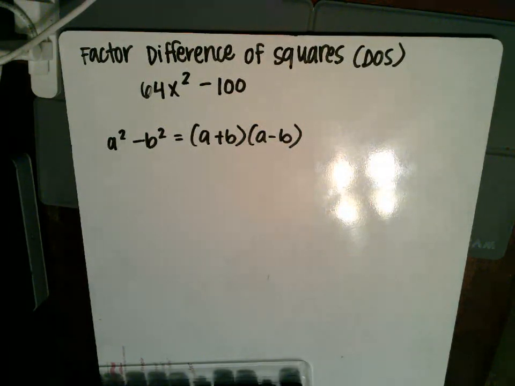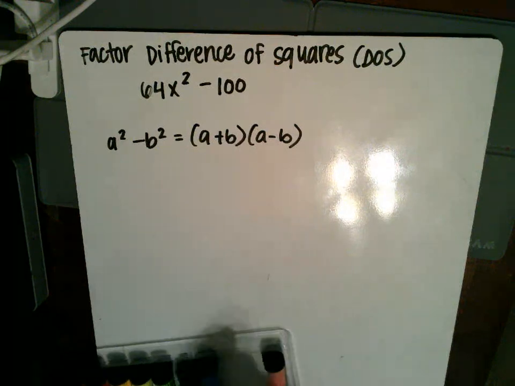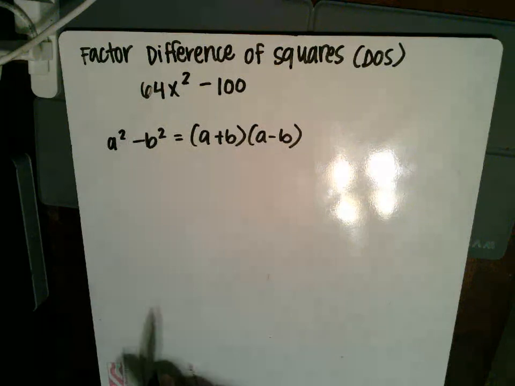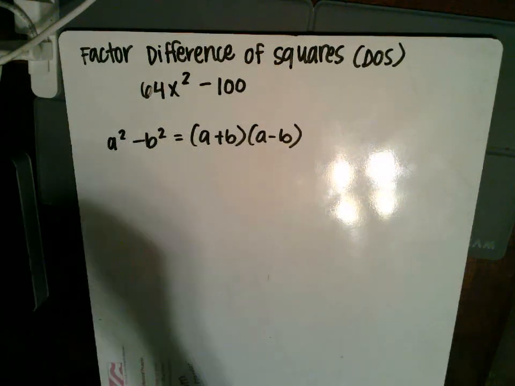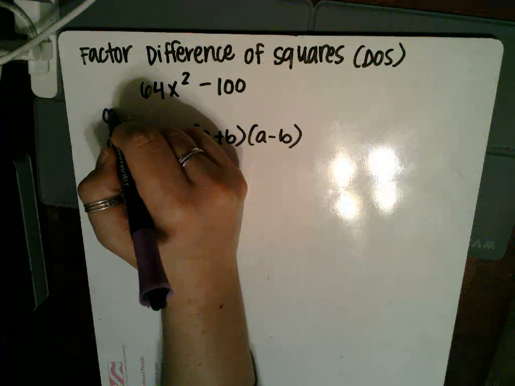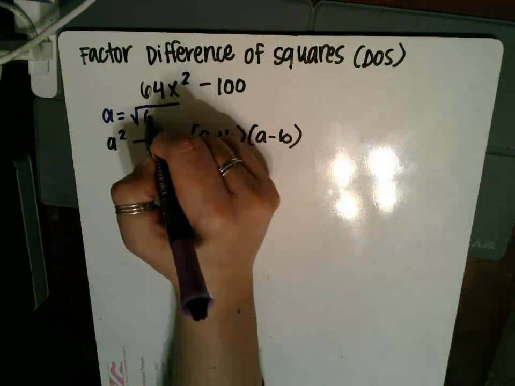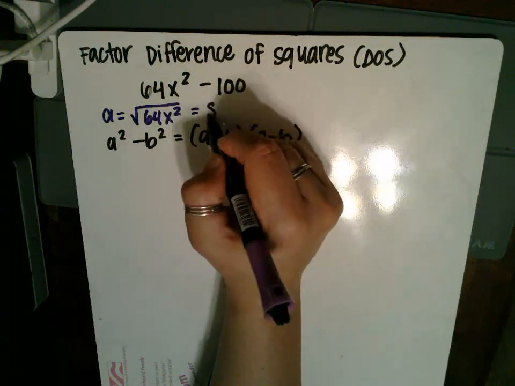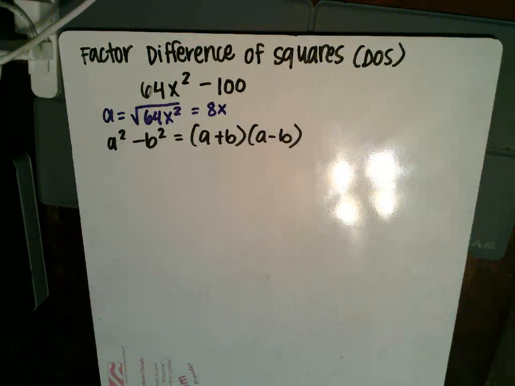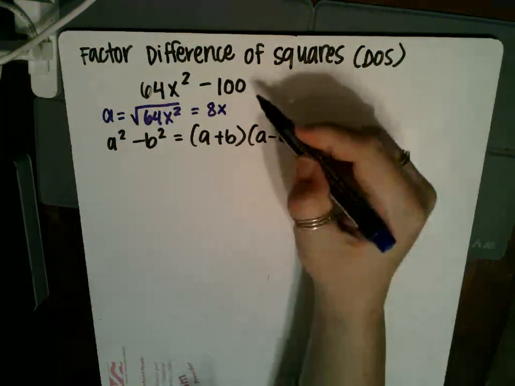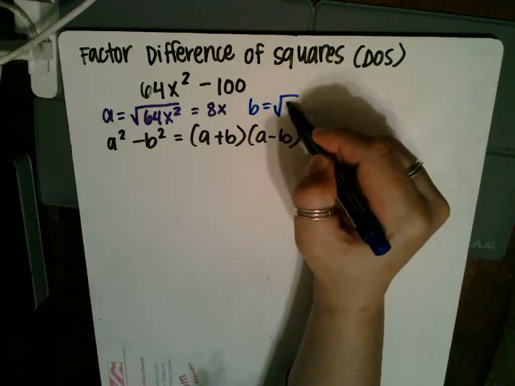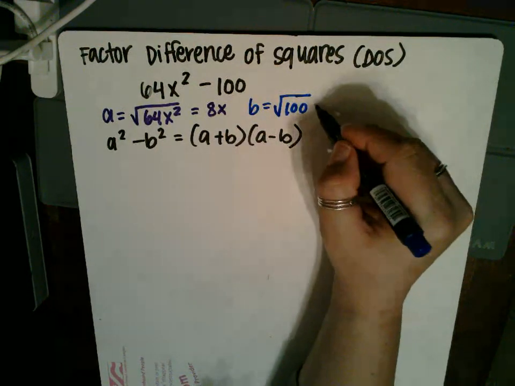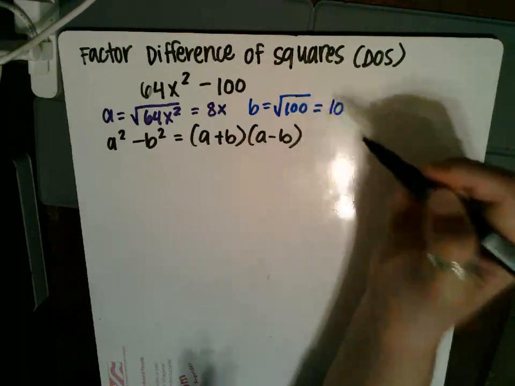Or really, I like to set it up this way: I like to find out what a is, and since it's a perfect square minus a perfect square, a is going to be the square root of 64x squared, which is 8x, because the square root of 64 is 8 and the square root of x squared is x. And b is going to be the square root of 100. Well, 10 times 10 is 100, so the square root of 100 must be 10.